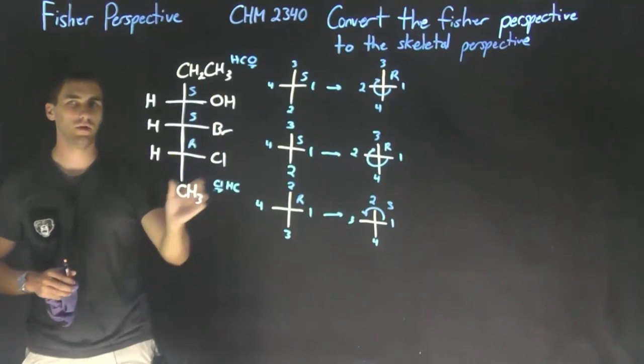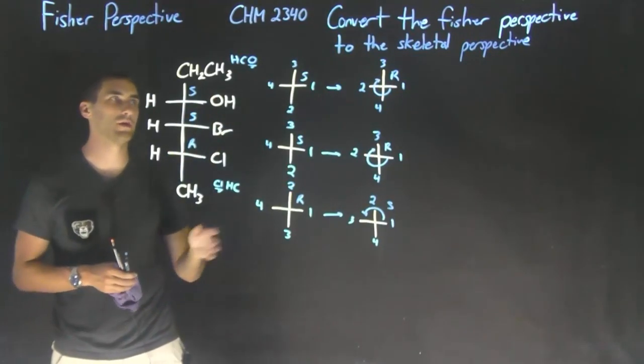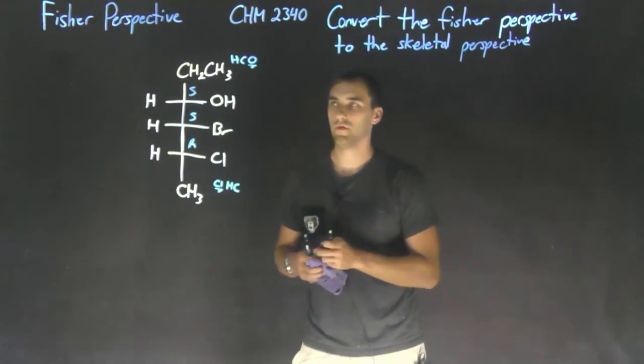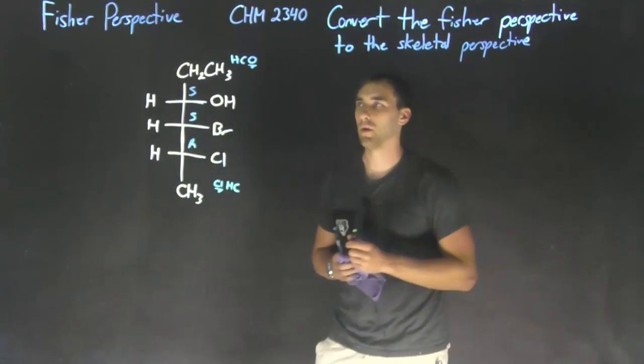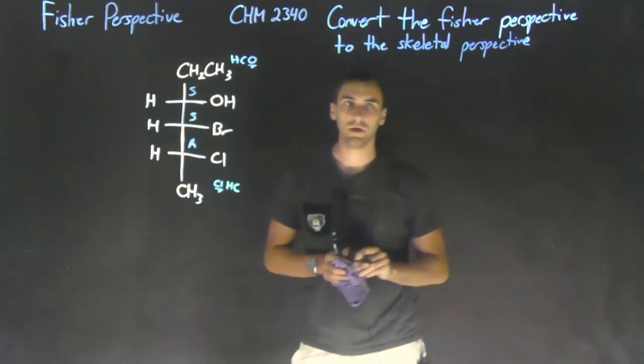So now we have our configurations, and now we can start working to convert it to the skeletal perspective. To convert this to the skeletal form, we have to look at the number of carbons that we have, which is 6.